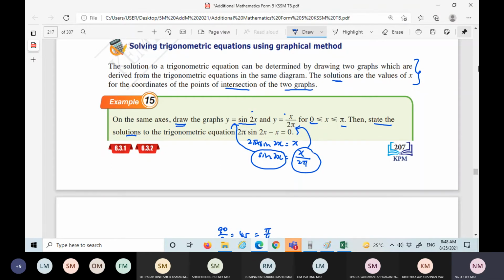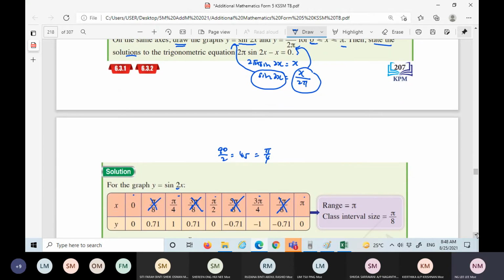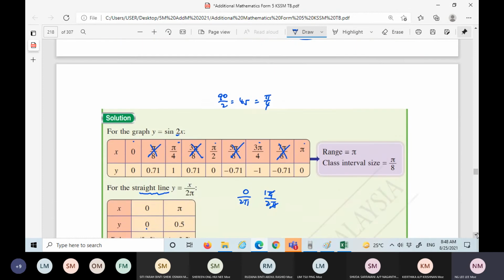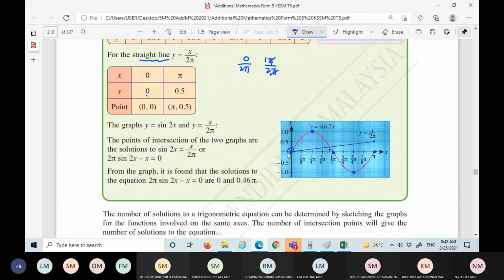So for the second part, you have to state the solution. So we are getting the intersecting point of the two graphs. You see the pink color one, the trigo function, and the blue color one, the straight line. Where they intersect, 1 point here, 2 points here.